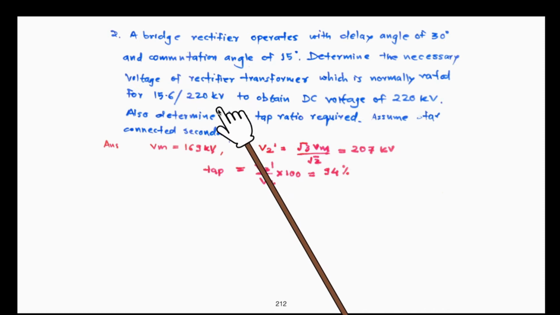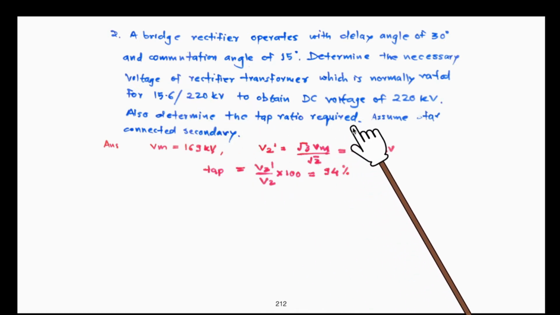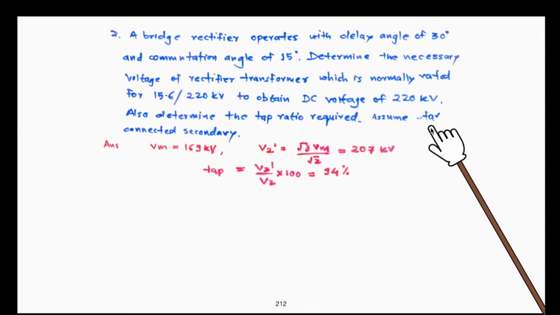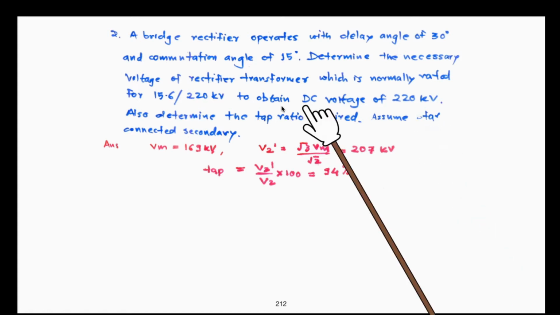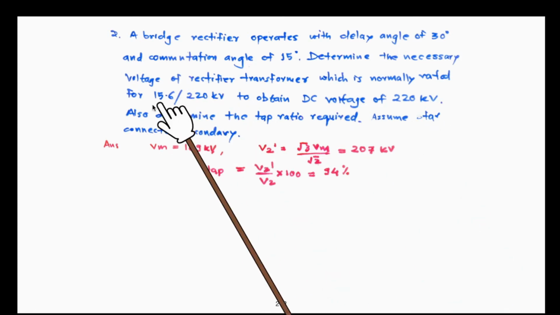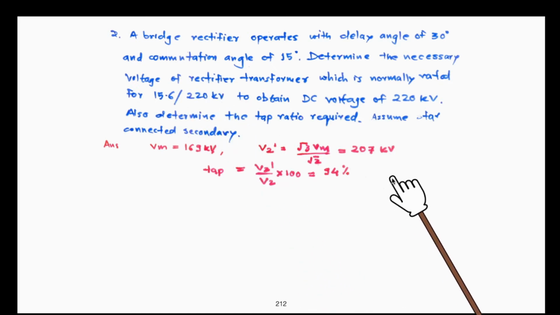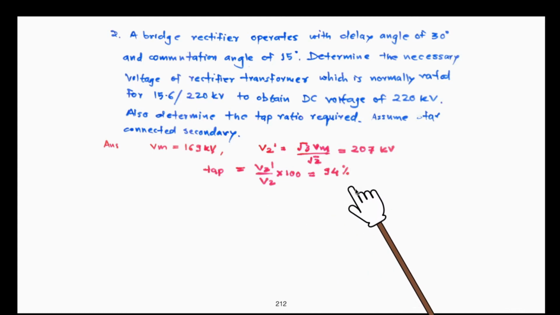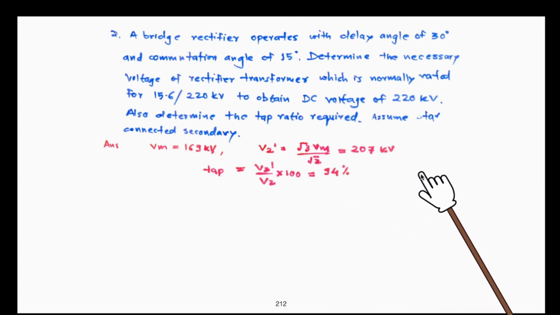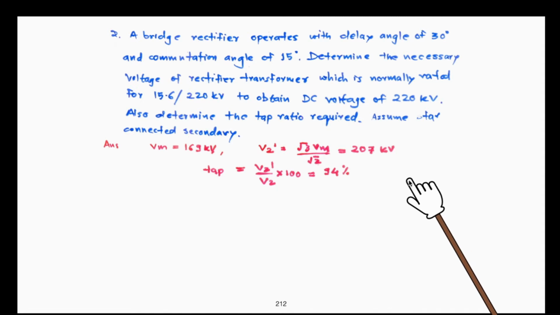How much voltage is required, and then we also have to find the tap ratio, assuming a star connected secondary. So in this 15.6/220 kV transformer, the 220 kV side is connected in star. These values are the suggested answers. Let us try to solve this example and verify whether the results indicated here are correct.